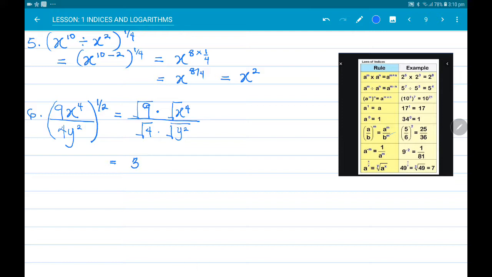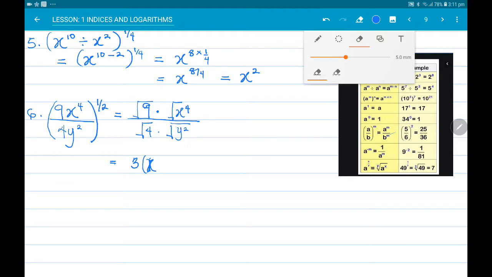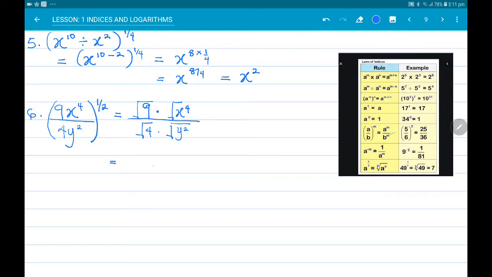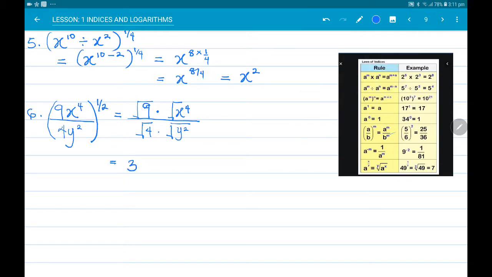For instance, this has to do with this particular rule. This time around, you're going to be having root 9 multiplied by the root of x raised to the power of 4, over root 4 multiplied by the root of y raised to the power of 2.